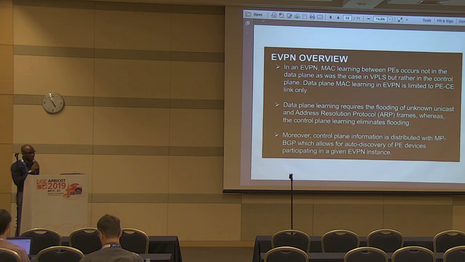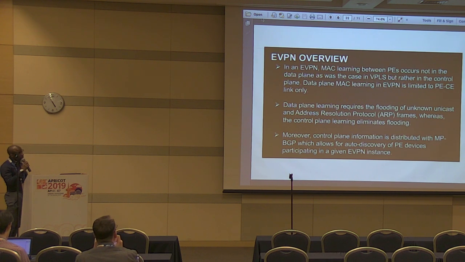Today, the address family identifier assigned to EVPN is 25, which is the same one we use for L2VPN. However, the subsequent address family identifier, the SAFI, dedicated to EVPN today is 70.